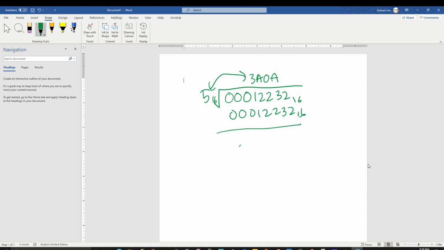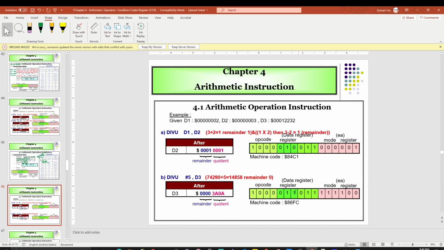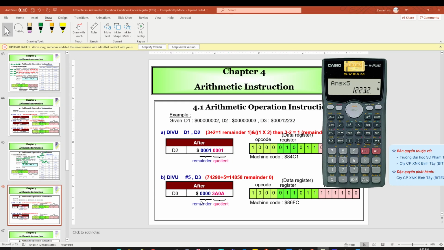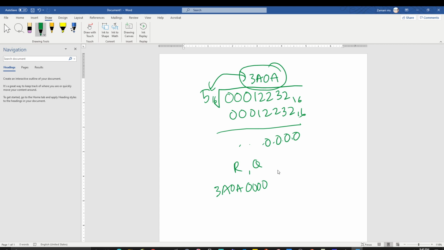So there's no balance, so all will be 0 here. So the answer must be remainder and quotient, right? So remainder is 3A, 0A, and the last answer will be 0, 0, 0, 0. Sorry, remainder first. This is the quotient, and then you get there 3A, 0A.